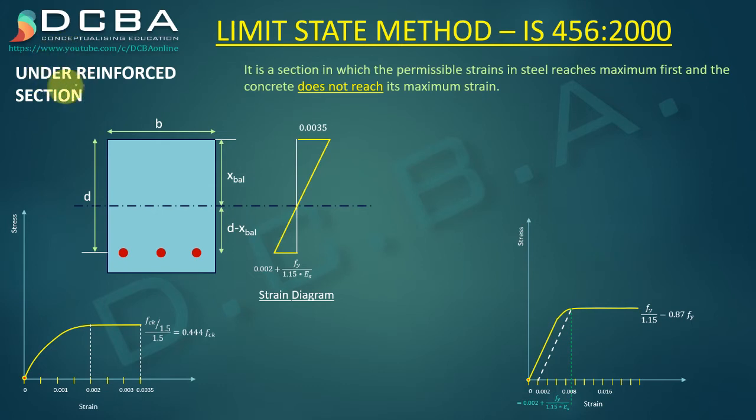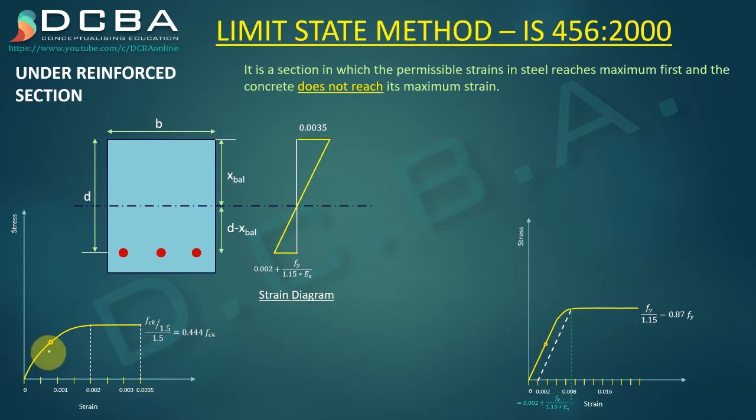Under reinforced means only that. We are making our steel weaker as compared to concrete. Since steel becomes weaker, it will reach its yield point first, or its maximum strain value first, before concrete.